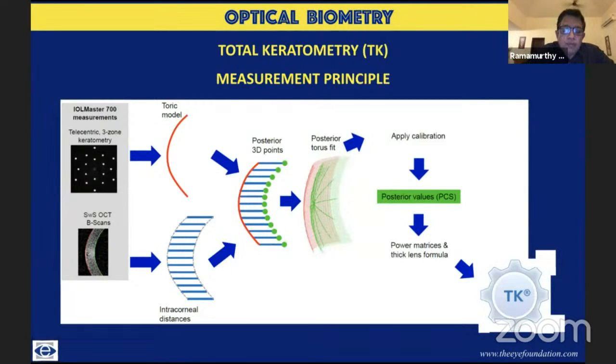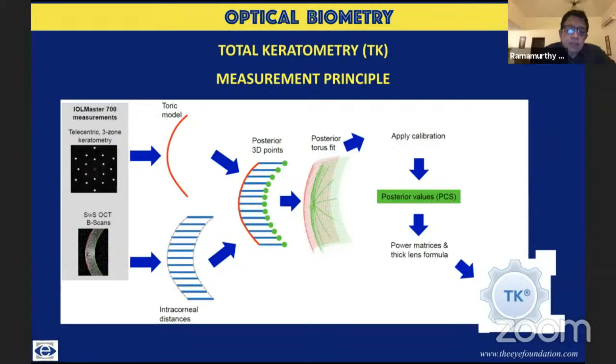We all know from our knowledge of toric intraocular lenses, especially, that the posterior corneal curvature measurement is extremely important. It was possible in Scheimpflug image instruments like the Galilei or the Pentacam, but it was found that it was not totally correlated with the toric intraocular lenses with formulas like the Barrett or the Baylor.